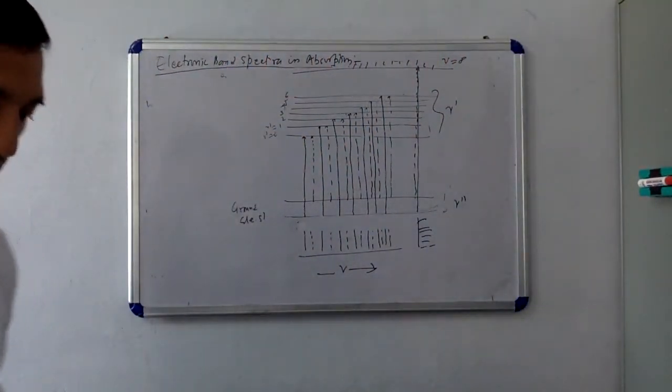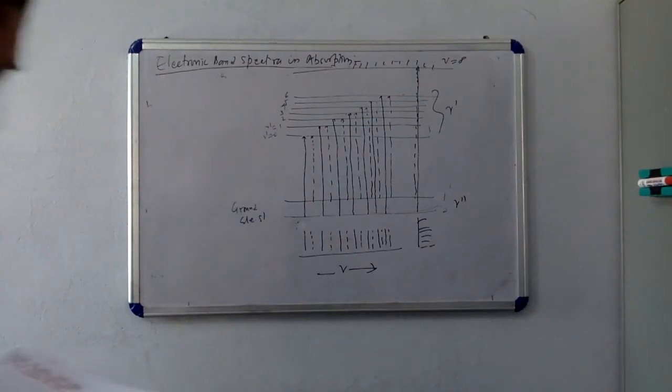Now, an electronic band spectrum of a molecule, when studied under high resolution, is found to be composed of a large number of lines.